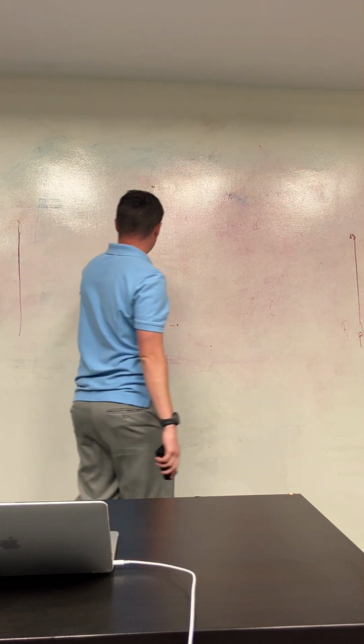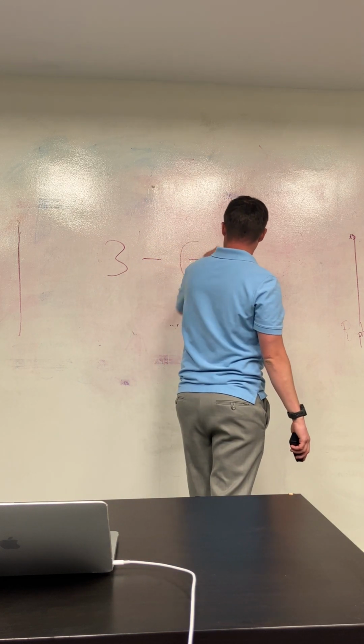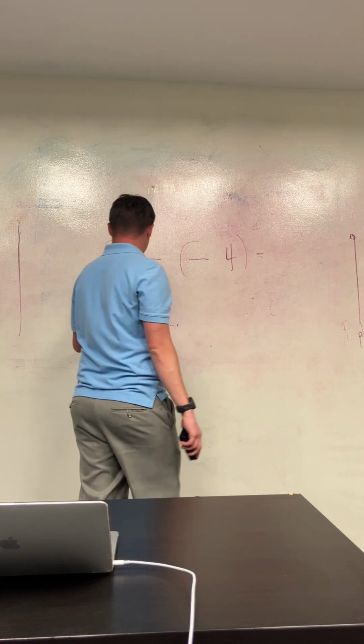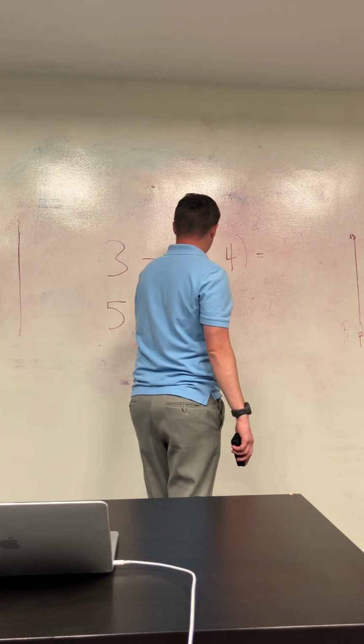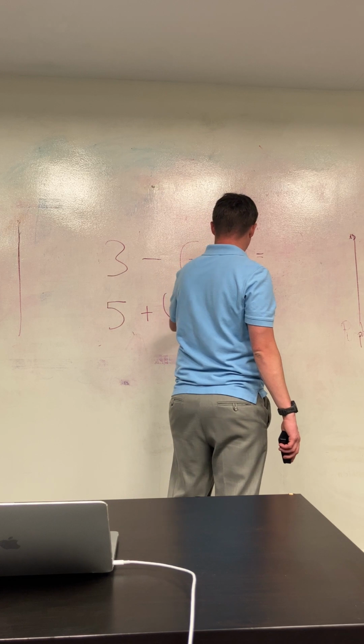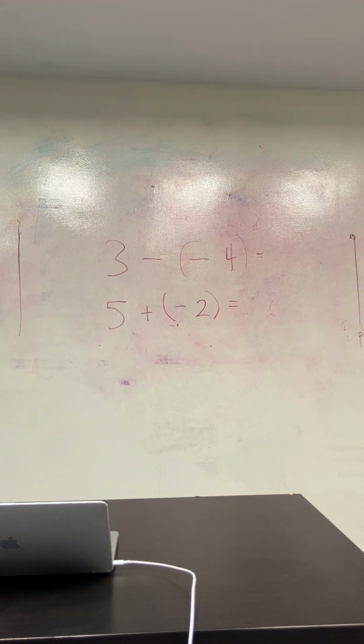So why don't we try this one? 3 minus -4, and 5 plus -2. So why don't you try those on your own, and then I'll come look at them in a second. But how are you doing the problem? You're just doing the opposite of what it says?